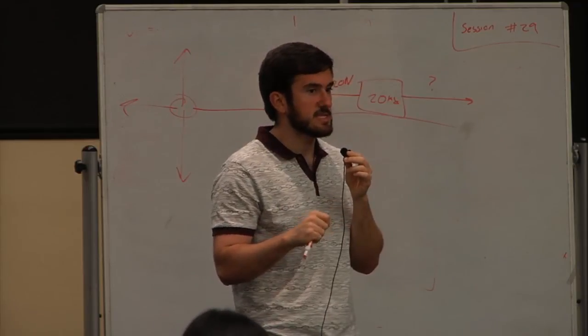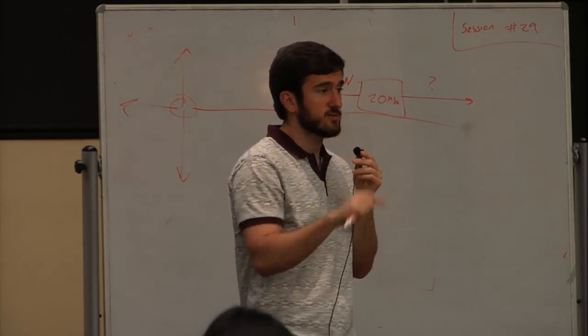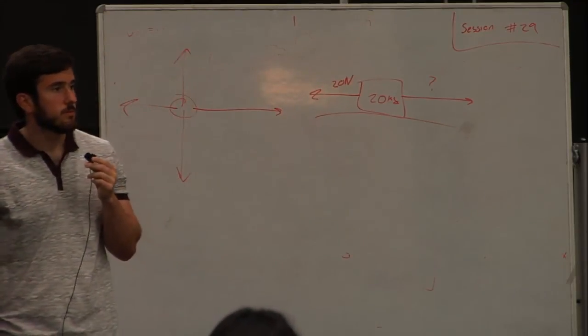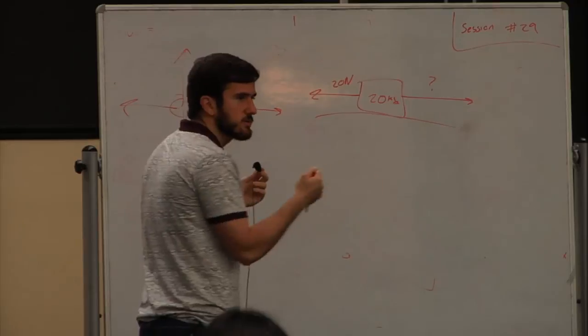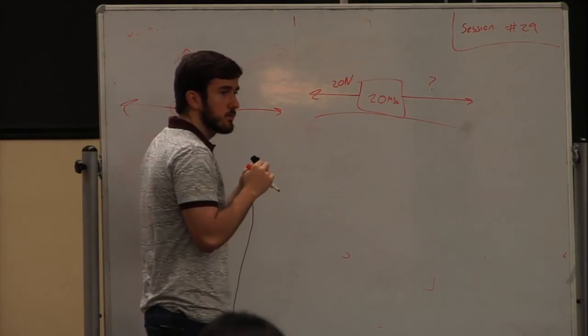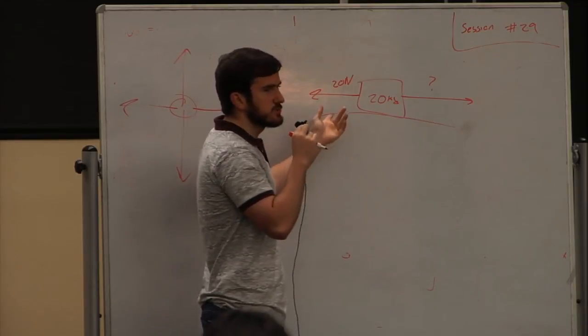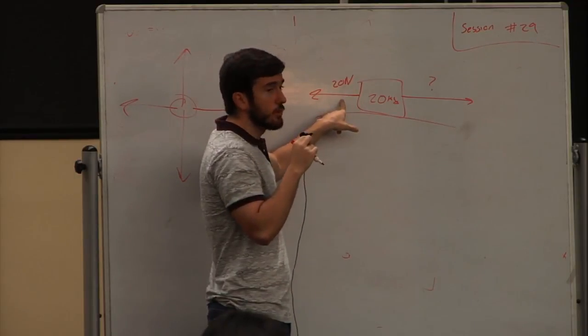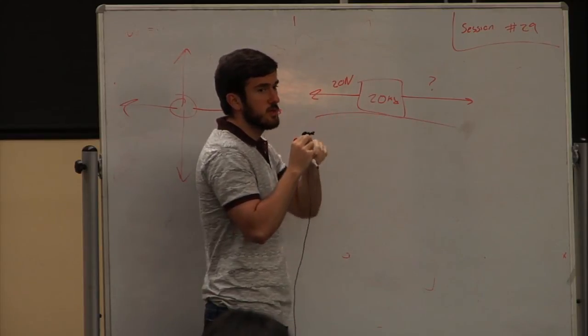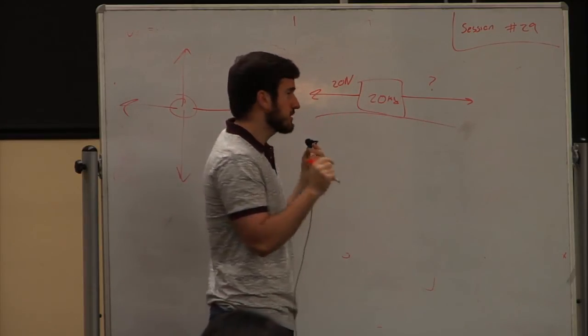Oh, it's like a rope. So it's like someone pulling with a rope. Yeah, this one is a rope attached to it and pulling with 20 newtons. And there's also a friction force, which I guess I didn't give you a coefficient of friction, so I'll give that to you now. You good?